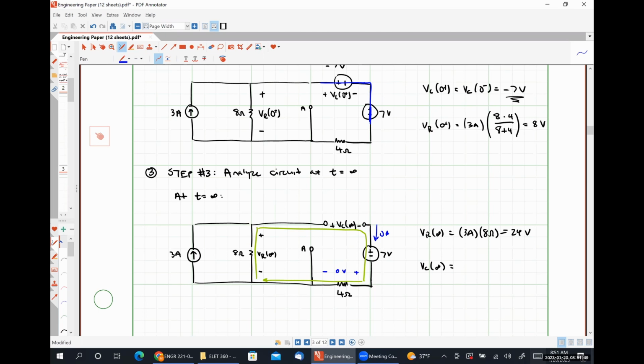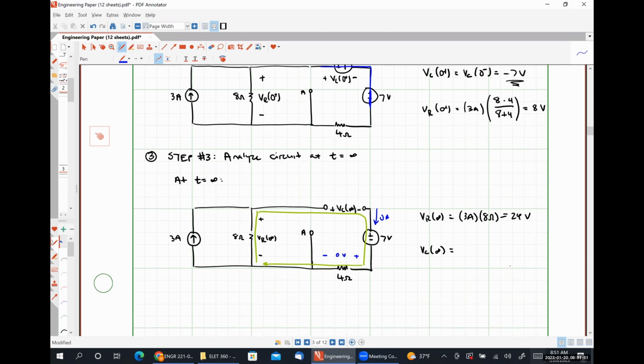So from that, we have negative VR, so negative 24 volts, plus VC at infinity, plus 7 volts is equal to 0. Rearranging this, VC is equal to 24 volts minus 7 volts, which is 17 volts.